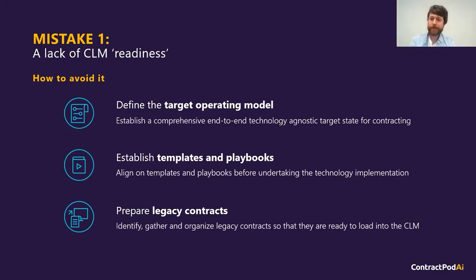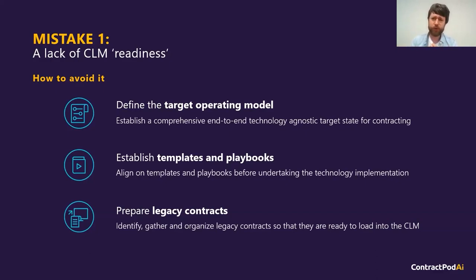It's a great question, Jerry. More often than not, it's that they are taking a technology first approach. I see CLM, in fact, I see any digital transformation program that involves technology. Technology is really the enabler at the end of that journey, as opposed to what defines its success. The classic example then is if we think about what is your contracting operating model, that is, what are the processes that you use today?